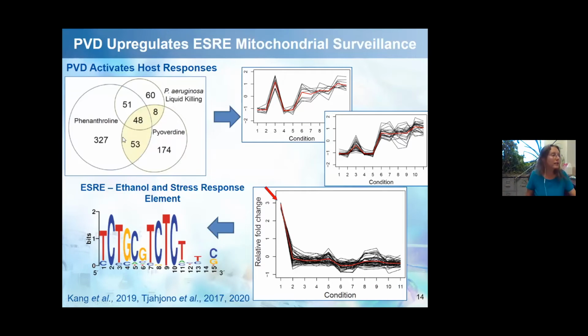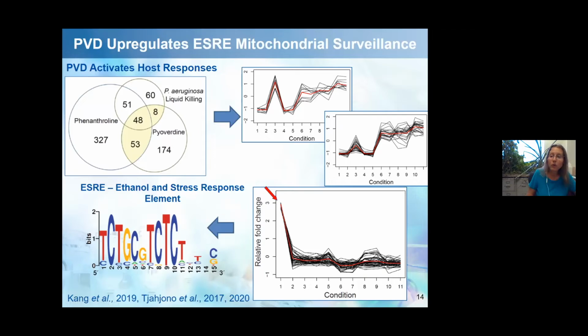We noticed that a significant number of genes were upregulated under all three of these conditions, confirming that likely the effects of pyrogen are due to the iron chelation and not something else. And at least a proportion of the C. elegans response to Pseudomonas aeruginosa is a response to pyrogen.